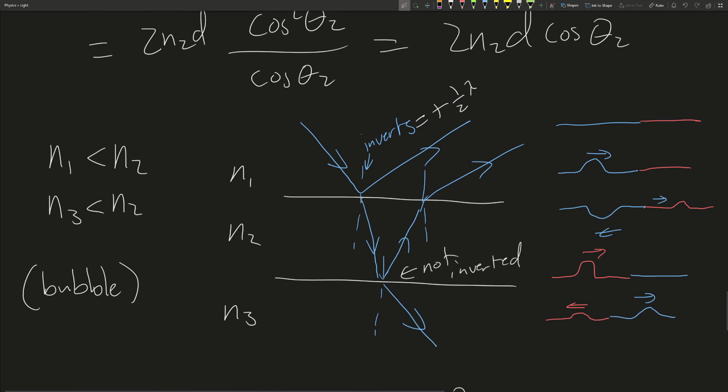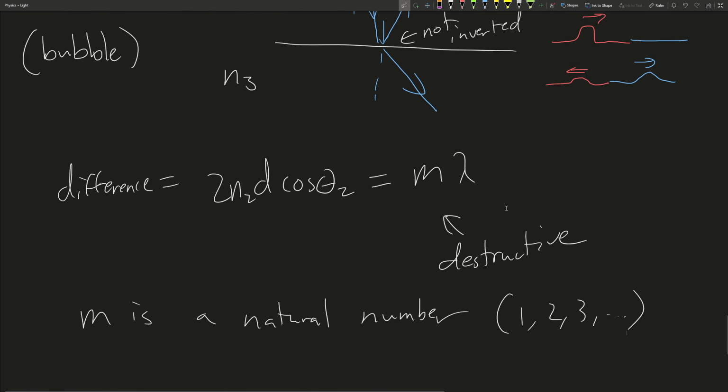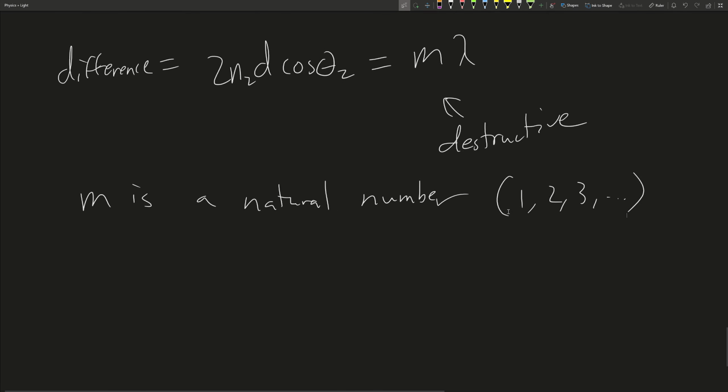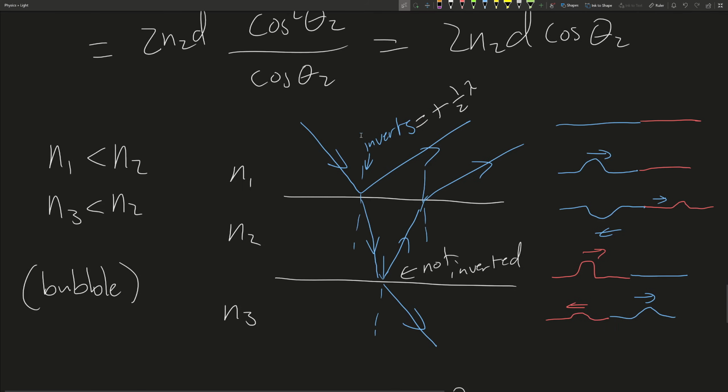Because it only inverts once, we want this offset to be 1/2 of the inversion plus a whole number of wavelengths. Now, if we assume that theta 2 is small, so theta 2 is much less than 1, then from Snell's law, this can happen either if theta 1 is small or if n2 is big, or both.